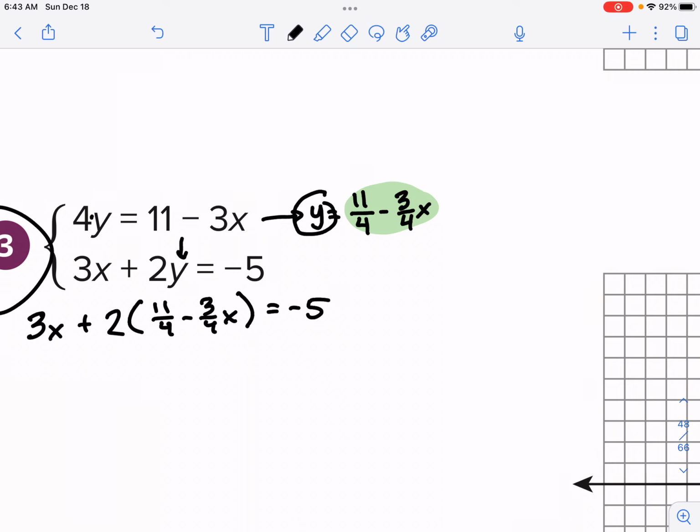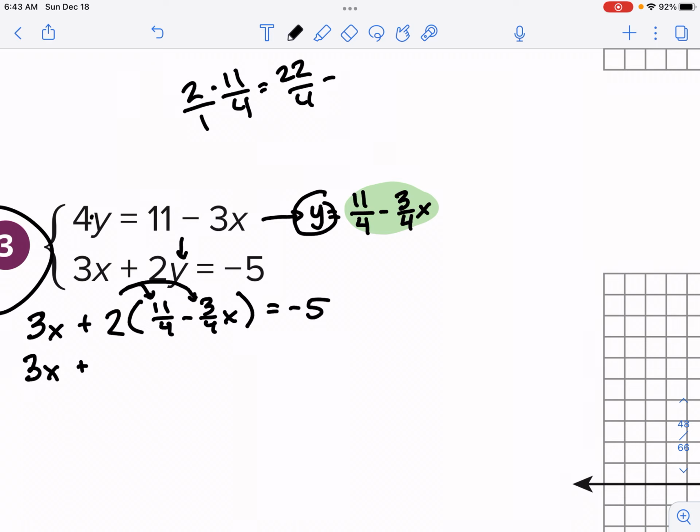Now for this, we do have to simplify. We only have x, which is what we want, but I have to distribute here. I have to multiply everything by 2. So you can think of this as, I'll rewrite the first term, 3x. 2 times 11 fourths would be, I'll put it up here, 2 times 11 divided by 4. I could put this over 1, I could put this as 22 over 4, but this can be simplified.